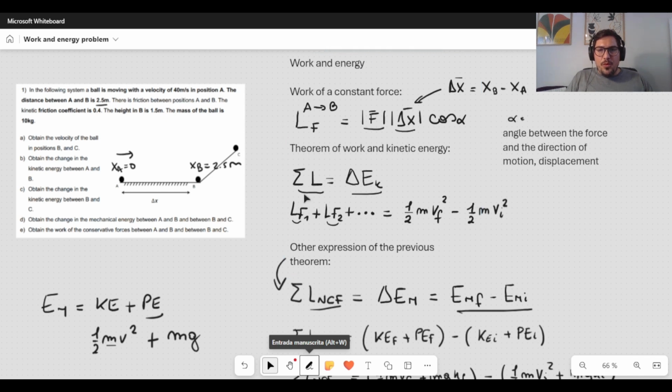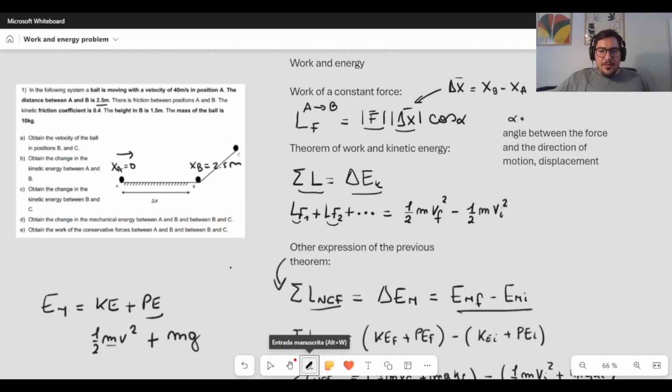Okay, well, another expression of the previous theorem. The theorem of work and kinetic energy could be written in a different way, splitting the non-conservative forces and the conservative forces. In the frame of this exercise, of the conservative forces we have only one, actually, the weight. And the other forces, like normal force, friction, or tension, if we have a rope, for example, a string, are non-conservative forces.